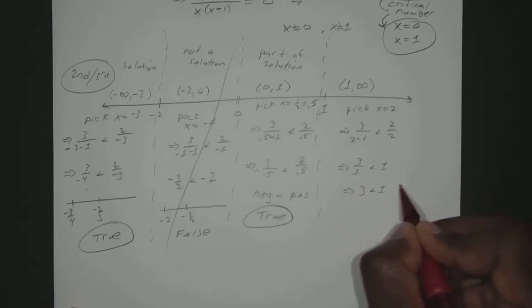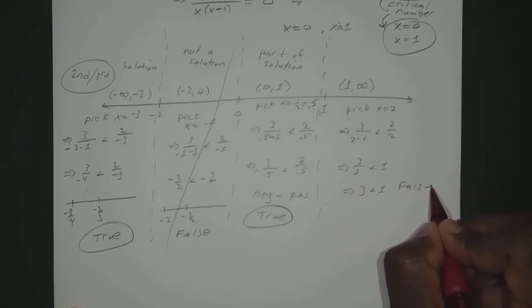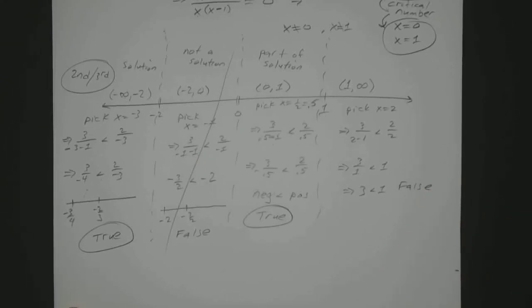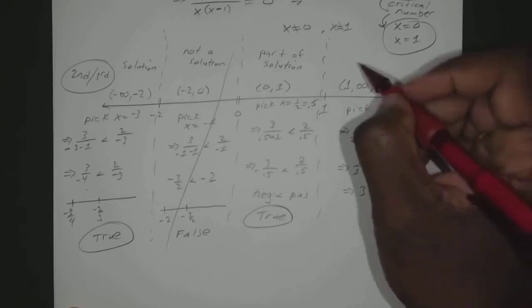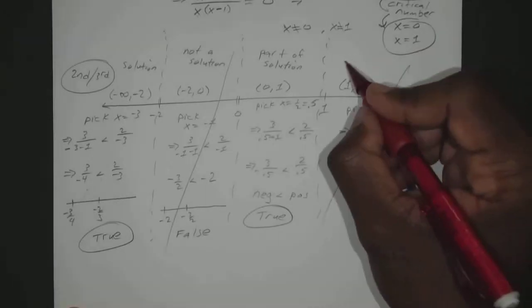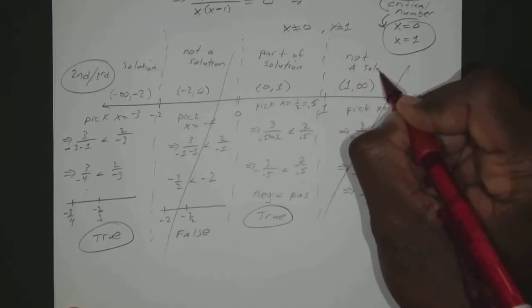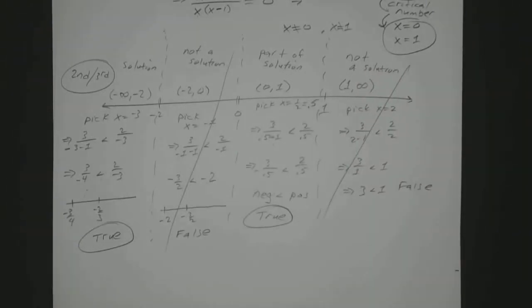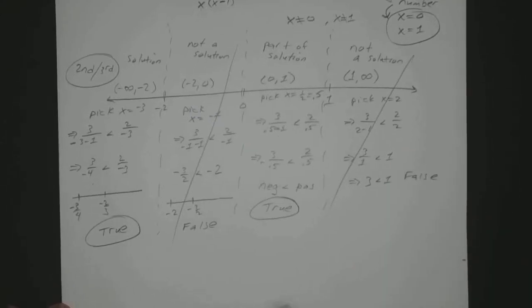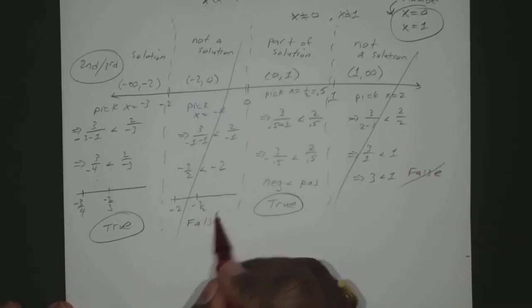So 3 is less than 1 is false. Make sure. Yeah. Okay, so this is not part of the solution. All right, so let me cross that out.